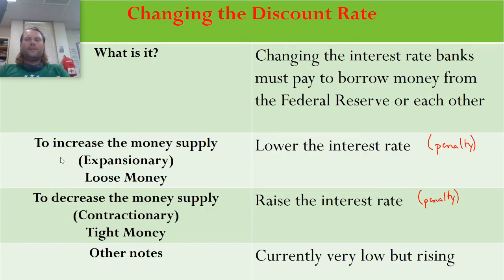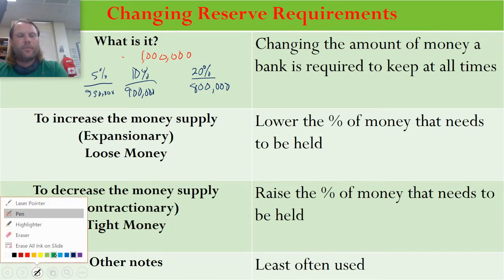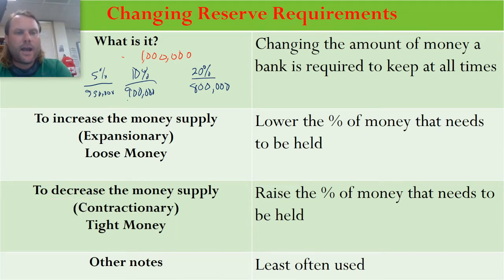All right, the next thing we can do, and here's the tricky part. You've got to understand that a bank can never loan out more than this reserve requirement, this fraction. They've got to keep a fraction. So in this case, at 10%, they've always got to have $100,000 in their safe, $50,000 at 5%, $200,000 at 20%.